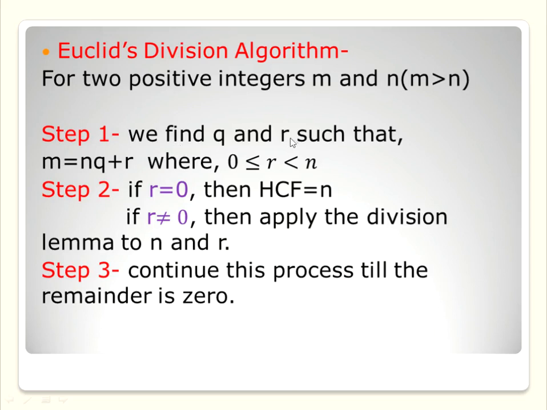We find q and r such that m equal to nq plus r, where r is less than n and greater than or equal to 0. In step 2, if r equal to 0, then HCF equal to n. If r is not equal to 0, then we have to apply the division lemma again to n and r. We continue this process till the remainder is 0.